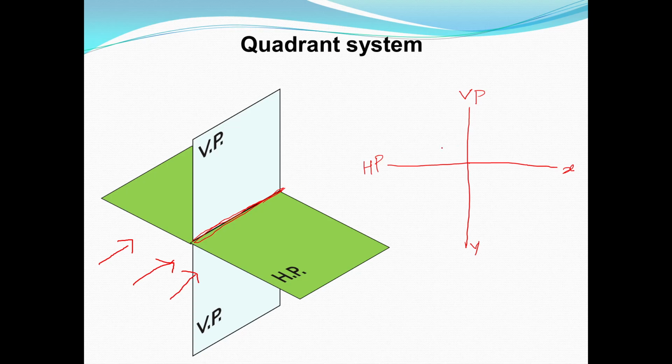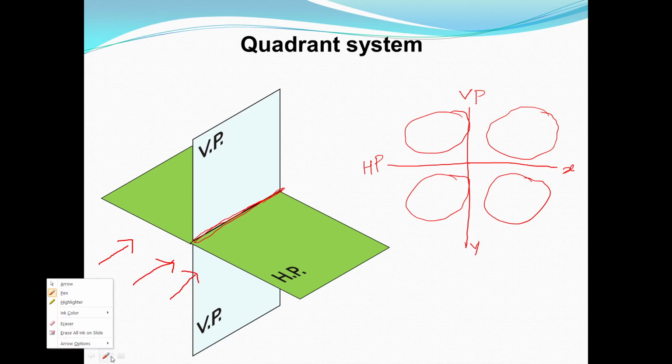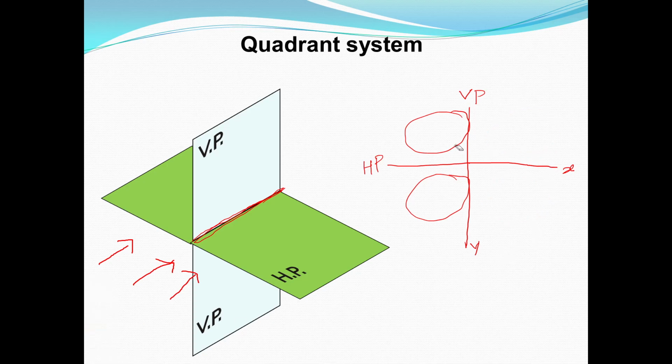With reference to these two reference planes, the space is divided into 4 quadrants: the first quadrant, second quadrant, third quadrant and fourth quadrant. So we got 4 quadrants because of the intersection of the horizontal reference plane and the vertical reference plane.